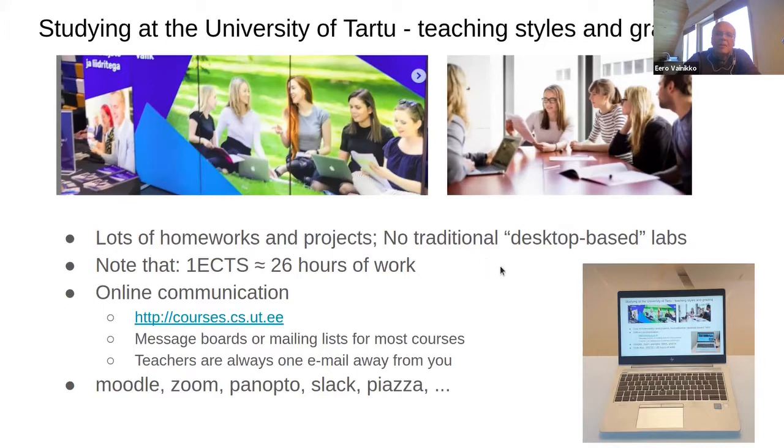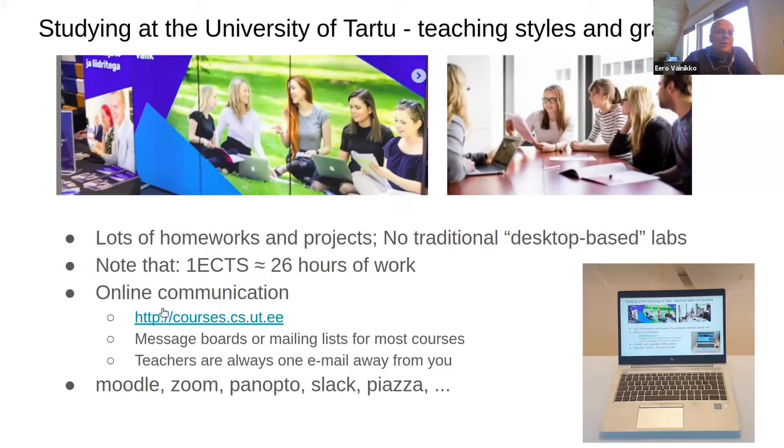Students just take their own laptops and work there. There is a lot of group work, quite common. Part of the assignments are individual, and part of the assignments and projects are done in groups. You should just note that one ECTS is approximately 26 hours of work. It depends very much on the course and the individuality of students, but this is a general guideline.